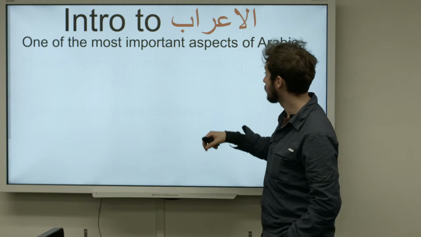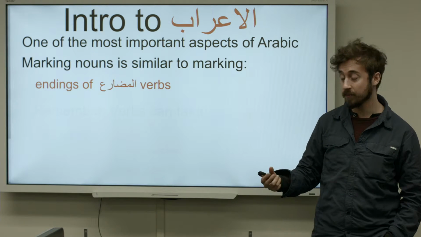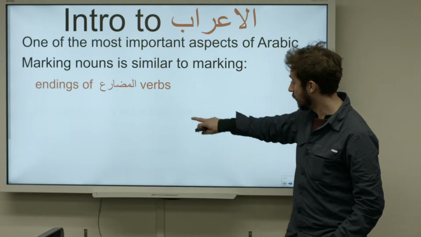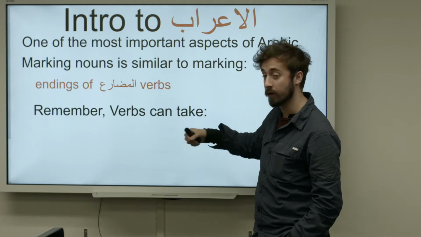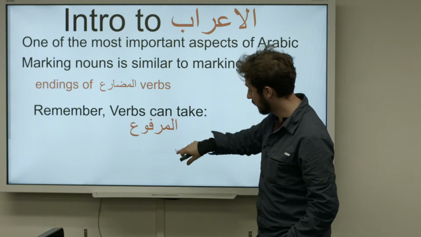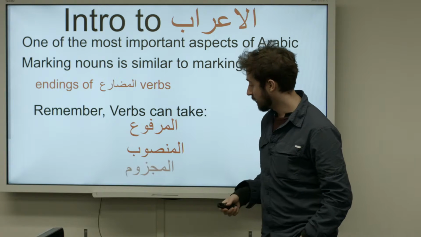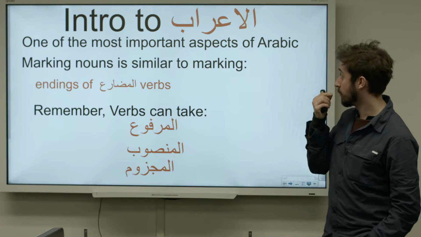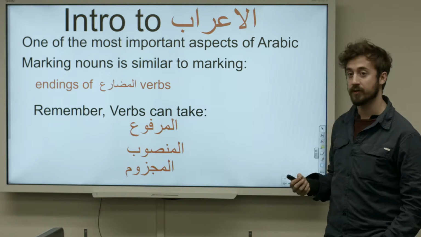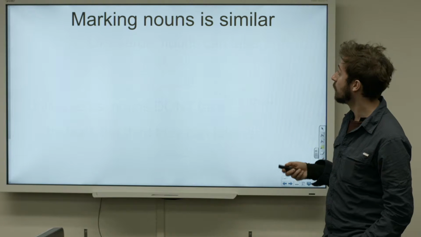It's similar to how we do case marking for al-mudari'a verbs, which, if you remember, can take one of three: al-marfu', al-mansub, and al-majzum. Doing i'rab for nouns is similar because it takes two of these, but adds a different one.